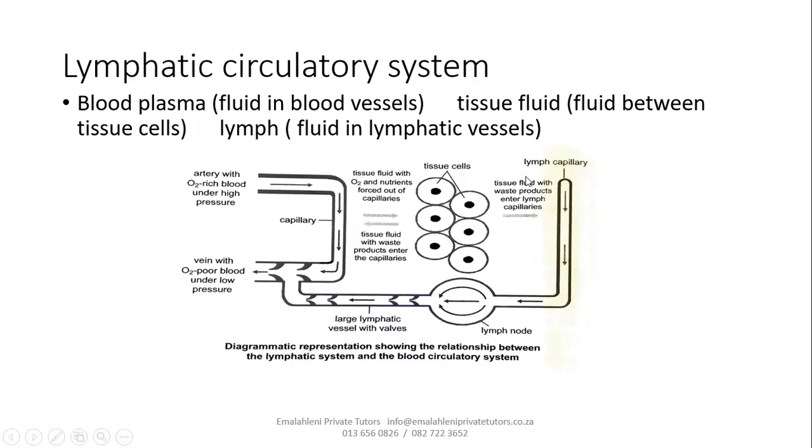Now we have the lymph capillaries, with tissue fluid with waste products. With the lymph capillaries, we have lymph nodes and also large lymphatic vessels with valves. It takes what was supposed to be taken into the capillary into the veins.